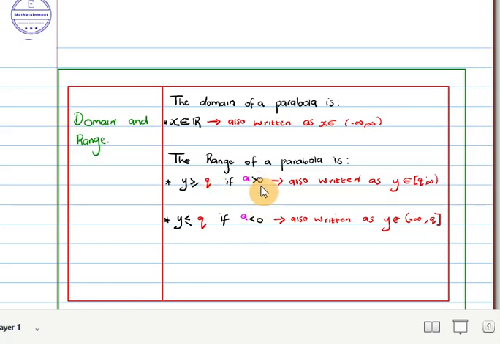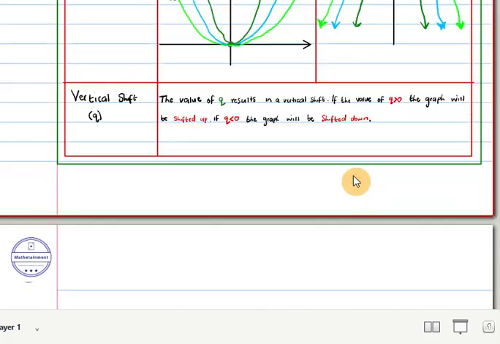And we have two conditions here. You look at the Q condition and the A condition. So when y is greater than or equal to Q, and A is greater than 0, this is how you write your range. You say y belongs to, you open the square bracket, meaning Q is also included, up to infinity.